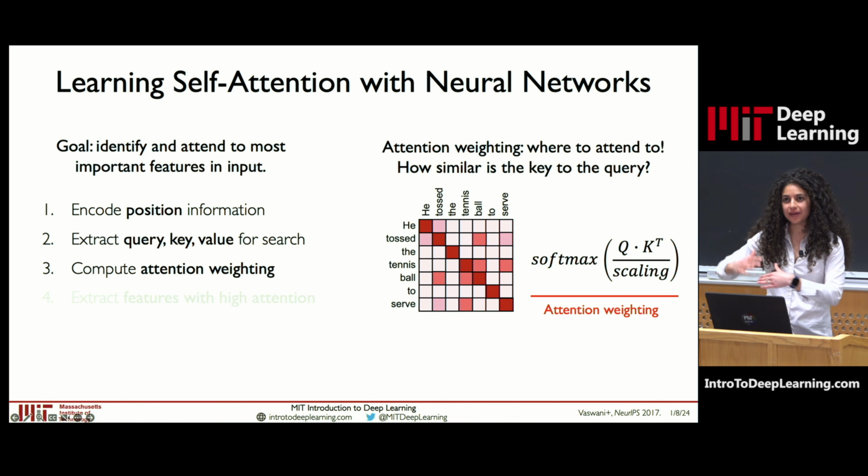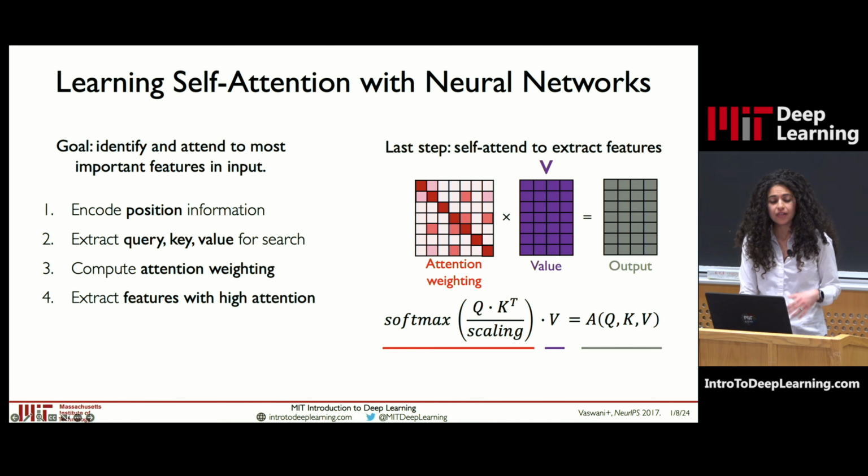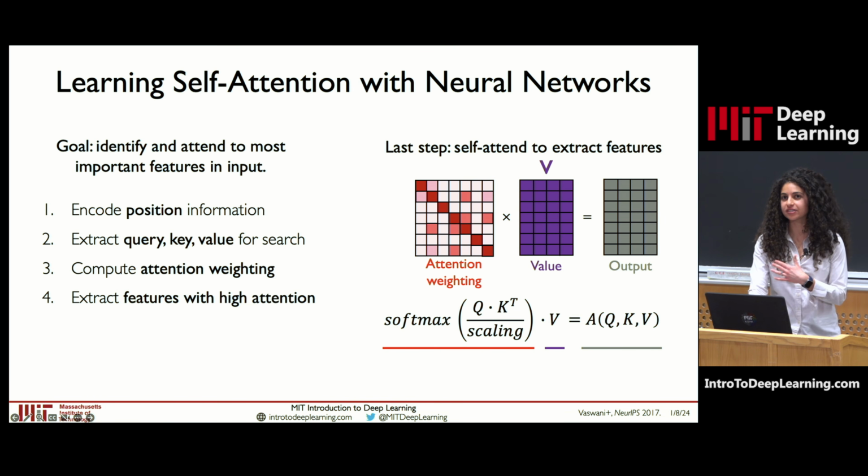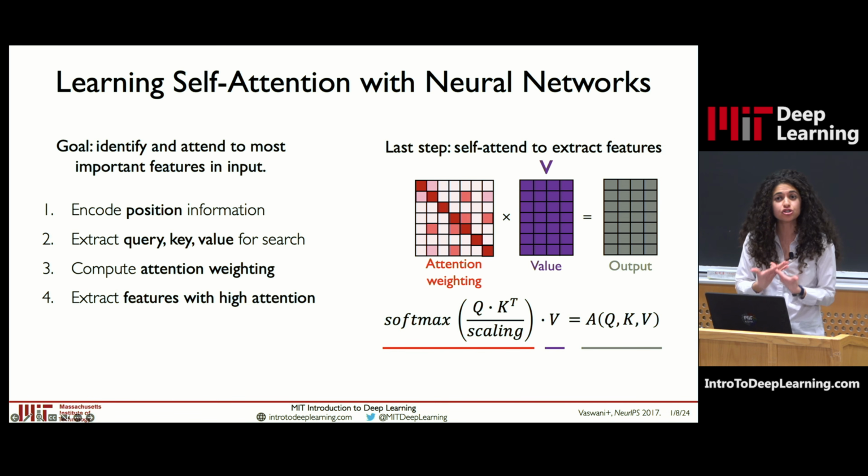We can then basically squish that similarity to be between 0 and 1 using an operation known as a softmax, and this gives us concrete weights that compute these attention scores. The final step in the whole self-attention pipeline is now to take that attention weighting, take our value matrix, multiply them together, and actually extract features from this operation.